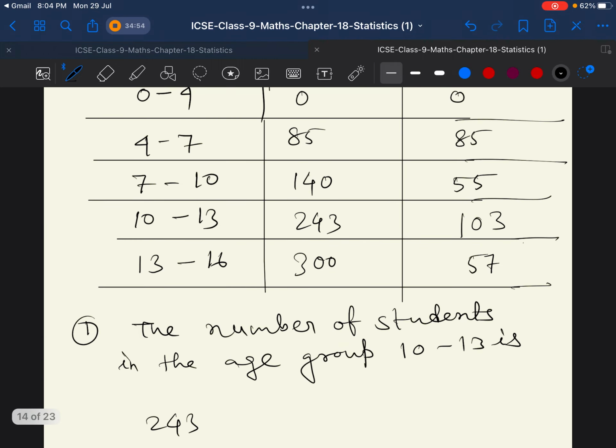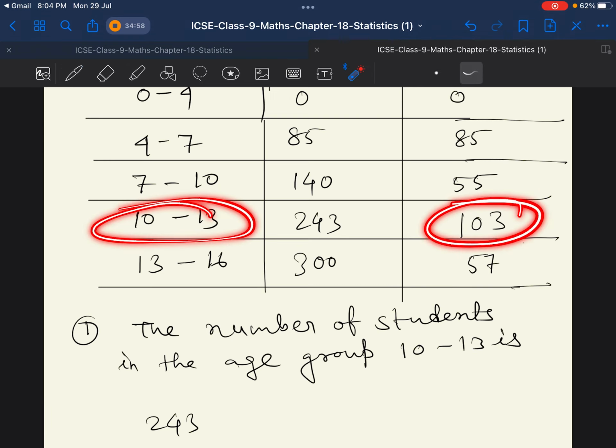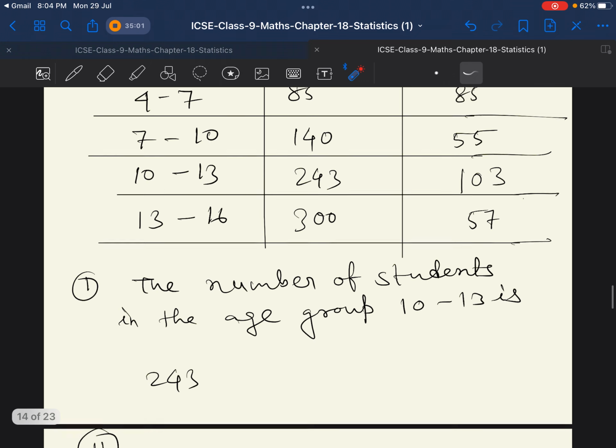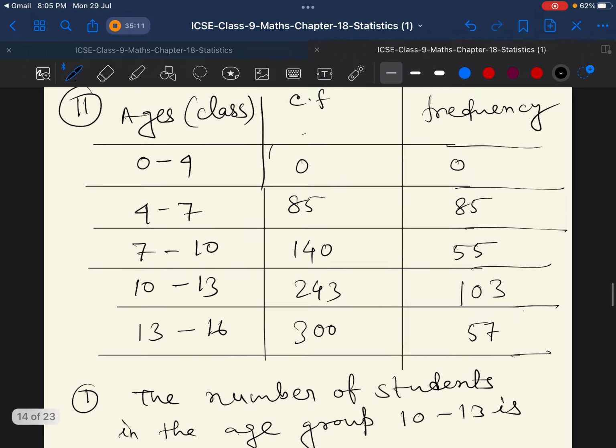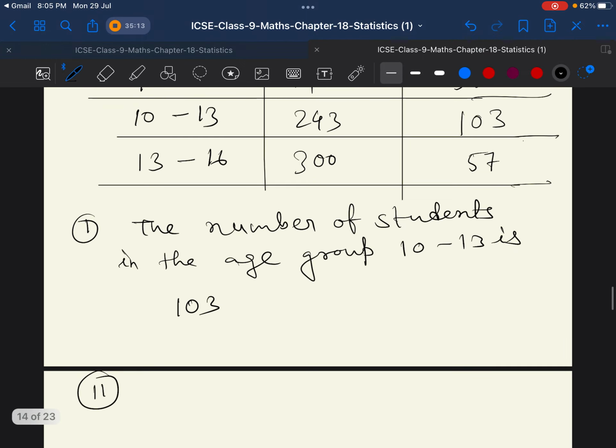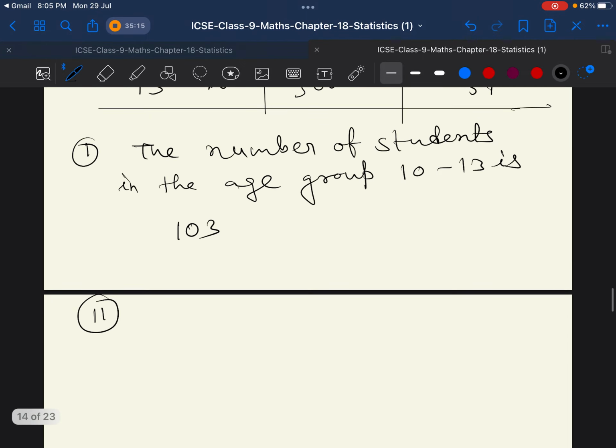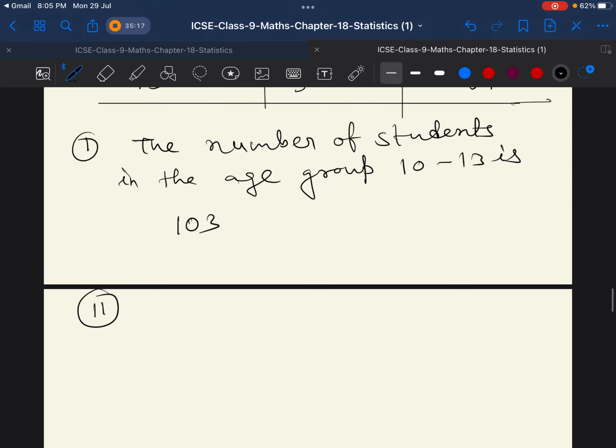So here you notice the number of students in the age group 10 to 13, not 243, this will be 103. So number of students is the frequency.